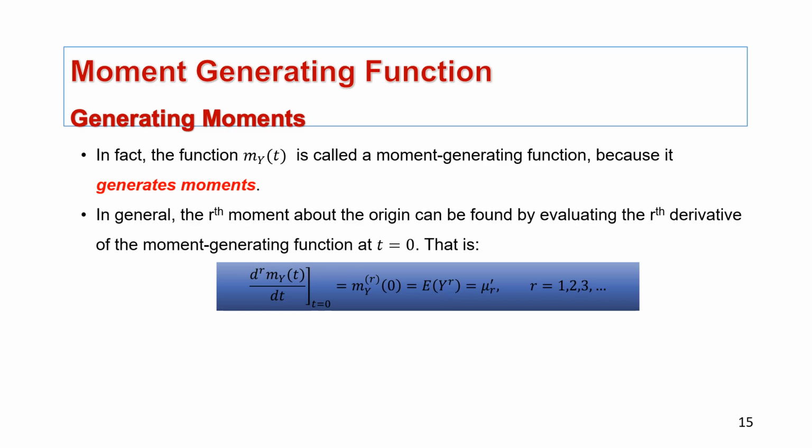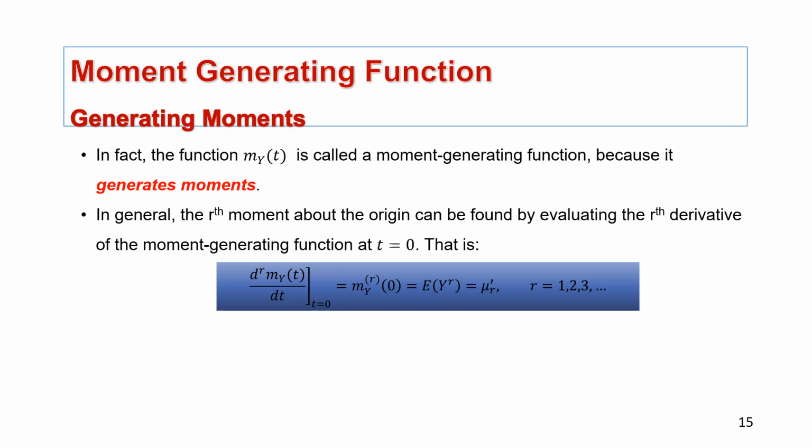For example, if I ask you to find the second central moment, which is the variance, how can we get the variance? Let's differentiate the moment generating function once to get the expected value of y, and a second time to get the expected value of y square, and then to find the variance, which is the second central moment, you can subtract the expected value of y square minus the expected value of y all square.